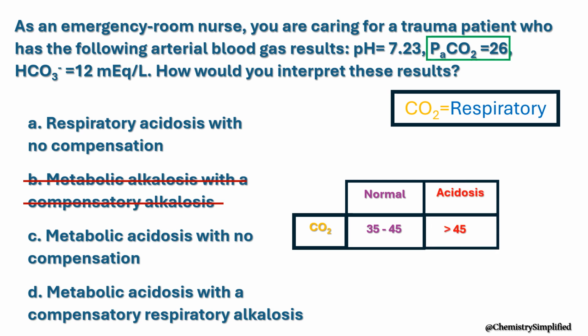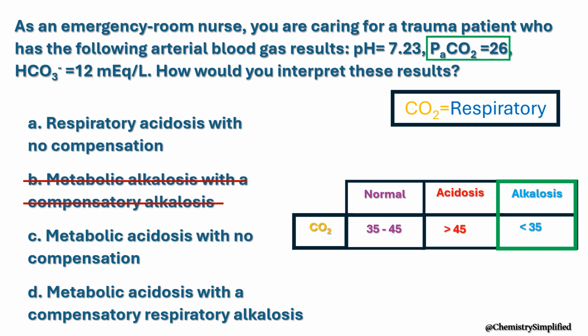Acidosis would be greater than 45, whereas alkalosis would be a value for CO2 that is less than 35. So the value given to us was 26, that is less than 35. So CO2 would say the problem is alkalosis.